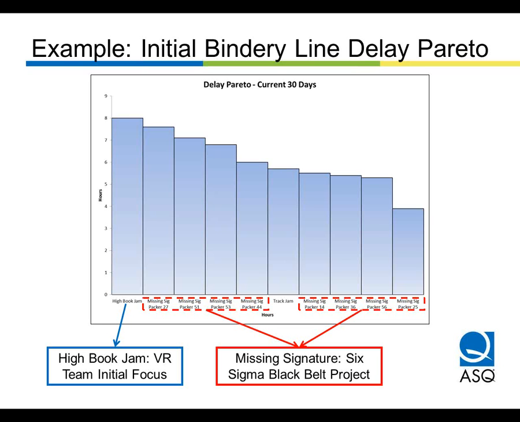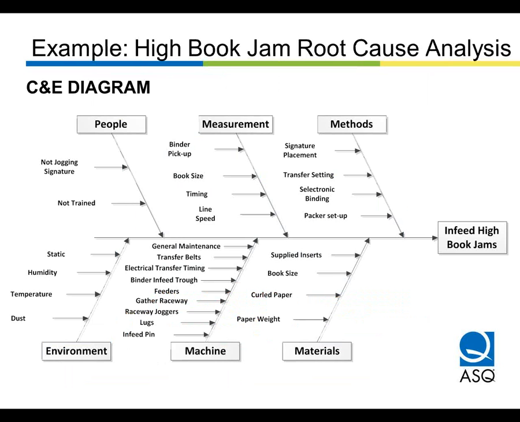And those signatures are what are collated to form the book or the magazine. So if you're missing one at multiple locations around the binding line, then you're missing multiple pages in a book or a magazine. And most customers would be unhappy about that. So you don't want to have those things happen too much.